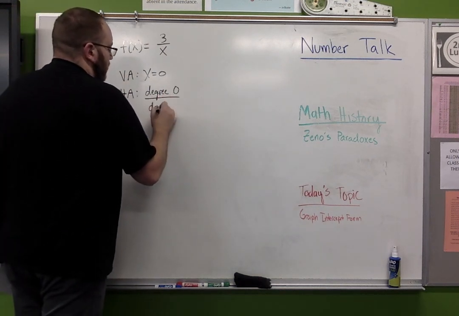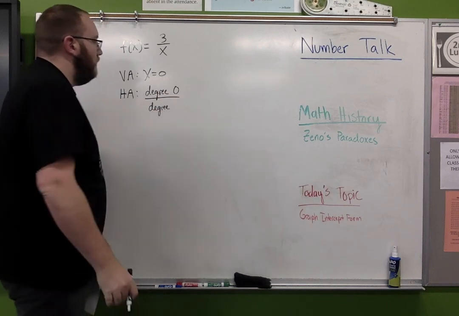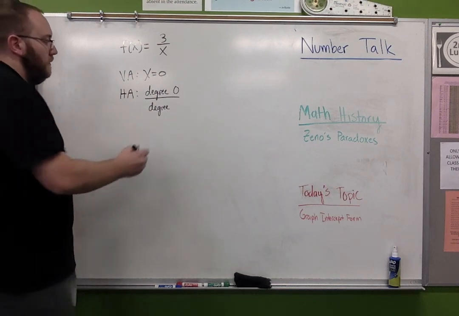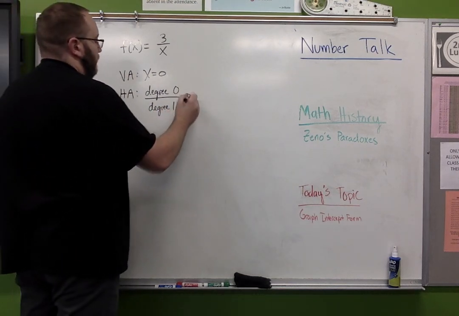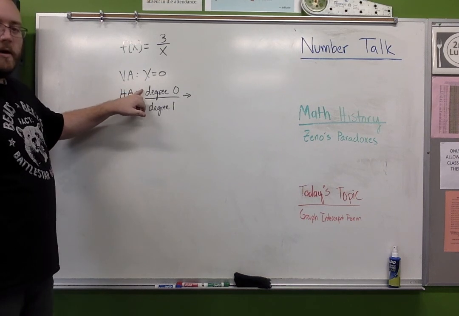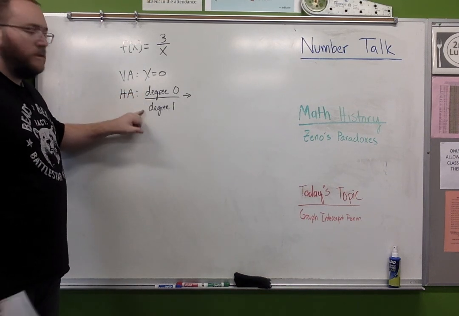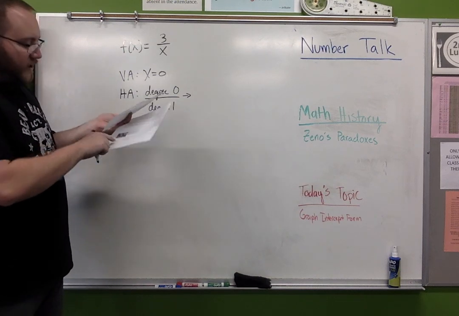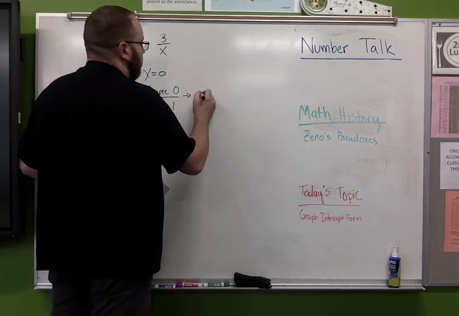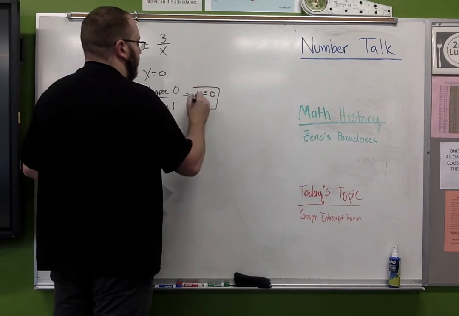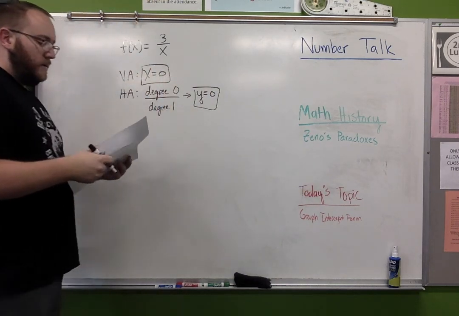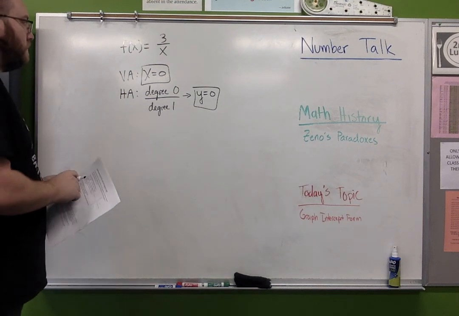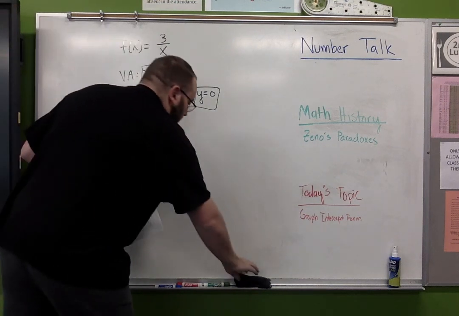The degree in the denominator is 1, right? X to the first power. So the degree of the numerator is less than the degree of the denominator. So we go back. That's situation number 1. So my horizontal asymptote is y equals 0. And there are your answers. Okay, let's do the second one now.